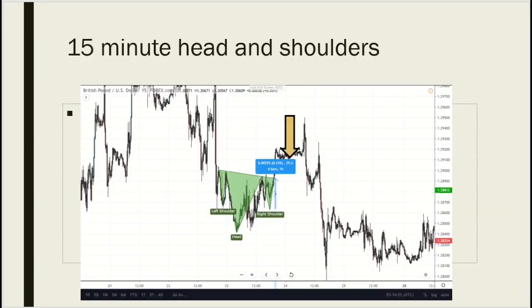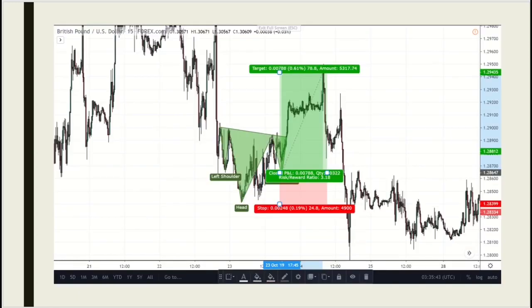Okay, so let's take a look at a 15-minute chart. So there's your left shoulder, your head, and your right shoulder. And look, 29.2 pips. This is on a 15-minute chart, inverse head and shoulders pattern. So let's take a closer look. With this, you have your stop loss and take profit put in there, and you'll see that the risk to reward ratio is 3.18, whereas on the 4 hours it was 5.71.